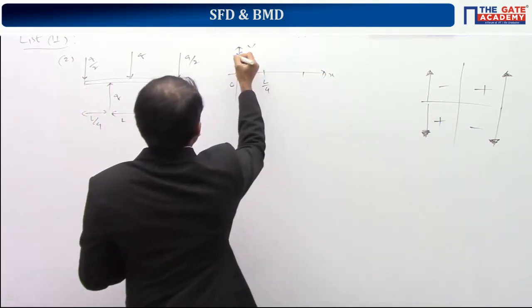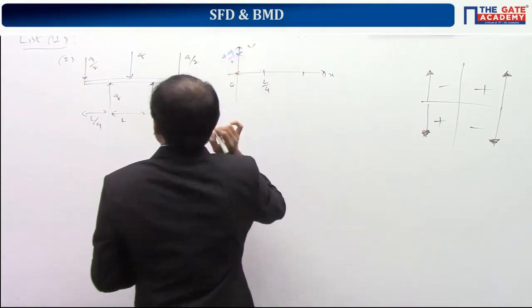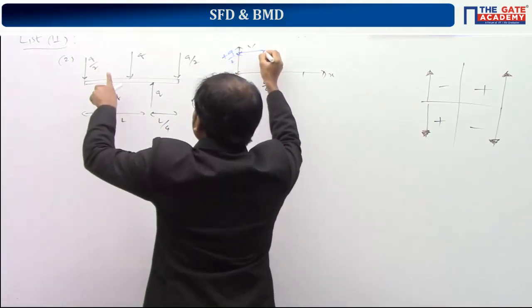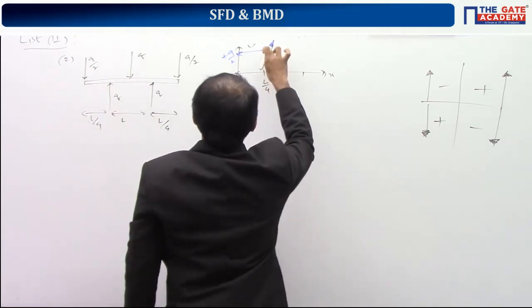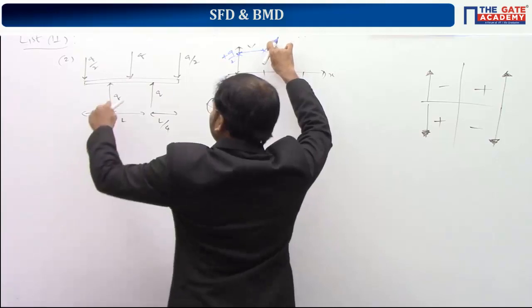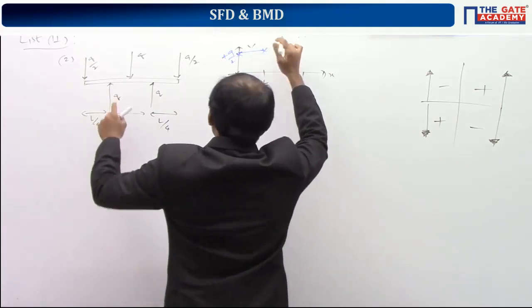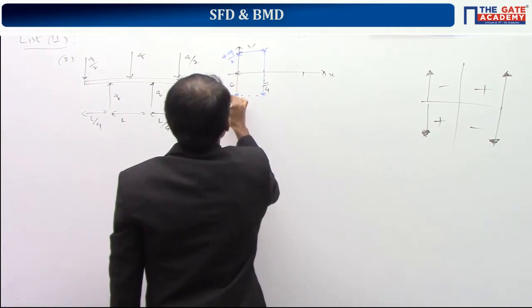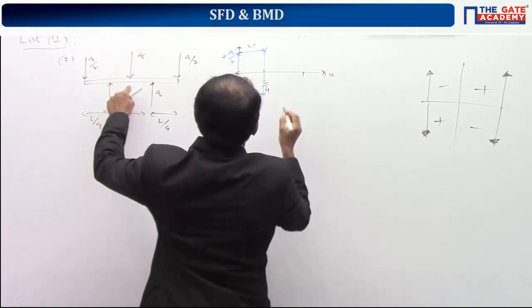So we'll have plus Q by 2. It goes on like this. Here upside Q is there. So upside Q means negative change of shear force. So plus Q by 2 minus Q, means minus Q by 2. It goes on like this.